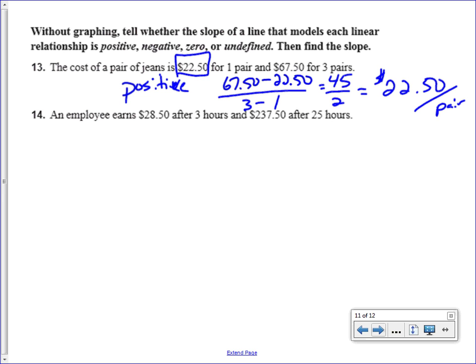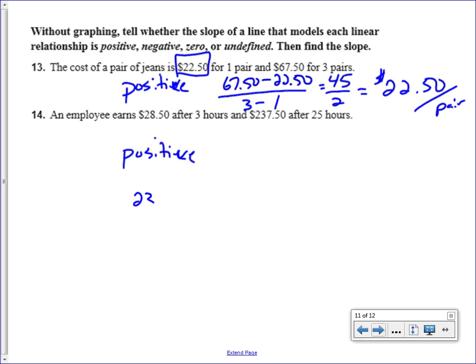Okay, the second one, we got $28.50 for 3 hours or $237.50 for 25 hours. So it is another positive increase. And then we can look at, okay, how much does the pay increase?